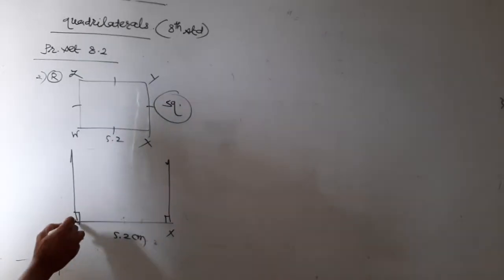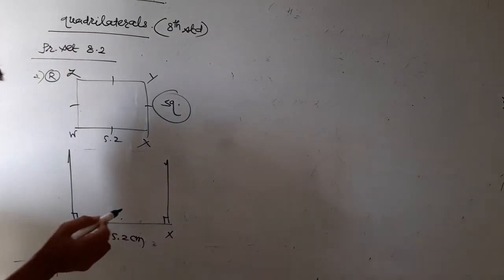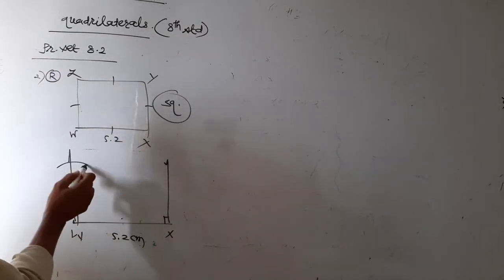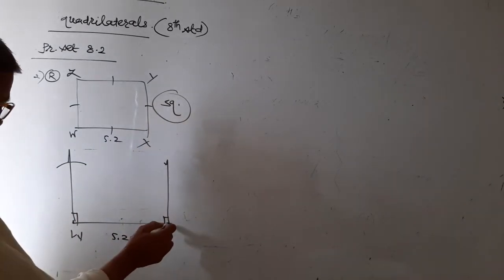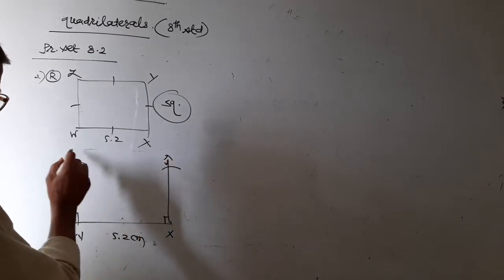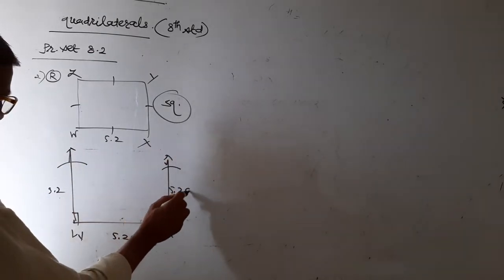So all the sides are congruent. Take the distance of 5.2 in the compass, putting the iron lead on W, 5.2 arc, putting the iron lead on X, 5.2 centimeters.